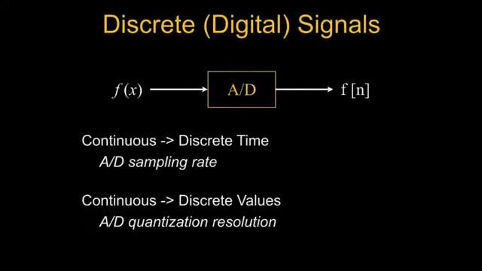And in EE, there's a whole host of classes and different fields dealing with this. Today, we are mostly going to be talking about converting from continuous to discrete time representation.